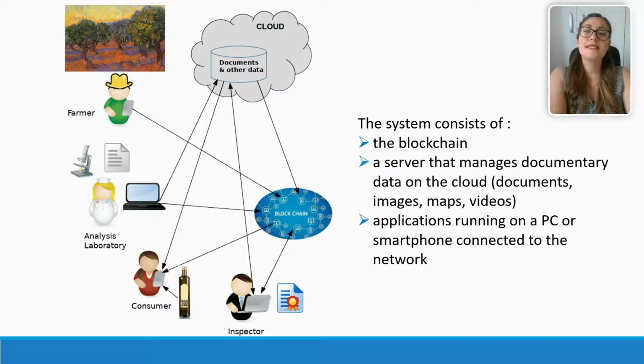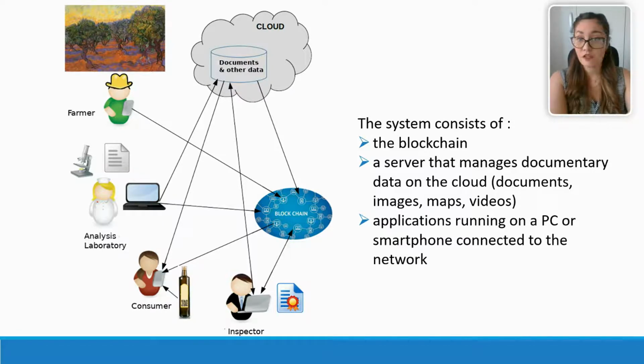So now let's see some of the basic interactions that make up the system. A farmer, for example, with his smartphone, can easily and quickly record the treatment carried out on his crops, the harvest, and the stage of its transformation. The analysis laboratory can record the results on the cloud server and certify their fingerprint on the blockchain, for example, with a program that runs on a PC.